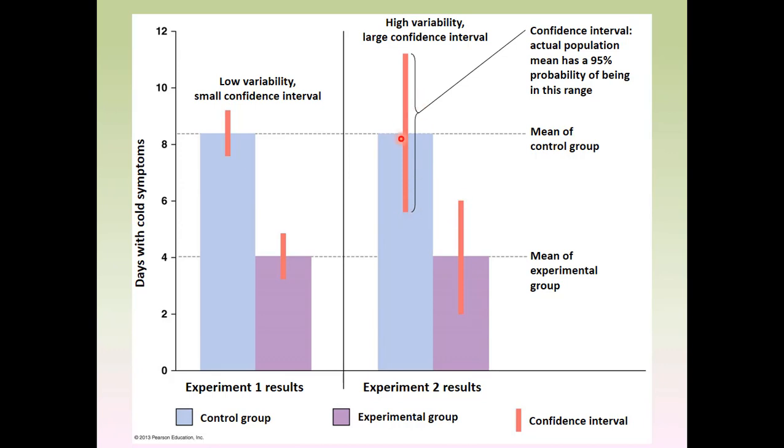So it could be that those people not taking a zinc lozenge, their true mean could be down near 6 days. And for those that were taking zinc lozenges, the true mean could be up at 6 days. Since these error bars overlap, then we could not say that there is a difference between those two groups.